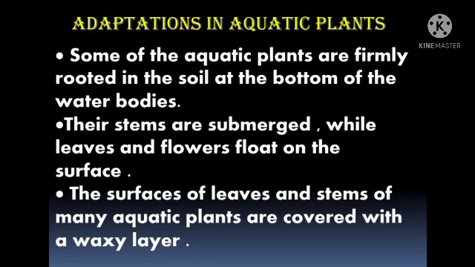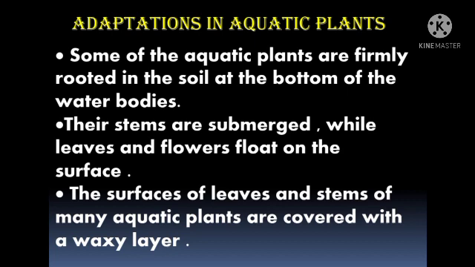Our very first adaptation in plants is adaptation in aquatic plants. Plants that grow in water are known as aquatic plants. Let's see the characteristics of adaptation in aquatic plants.